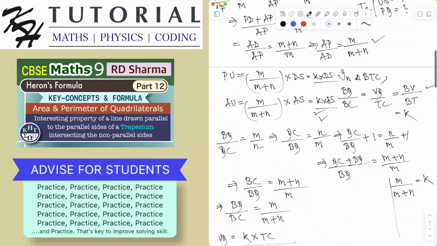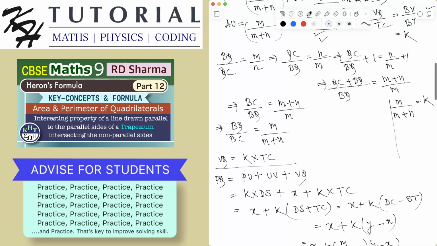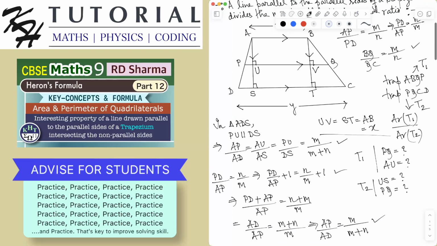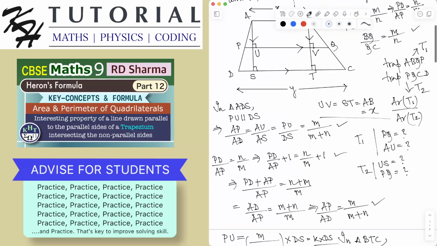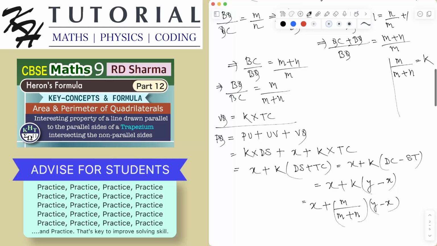So we have x plus K into DS plus TC. Now DS plus TC is equal to DC minus ST, that is y minus x. So PQ is equal to x plus K into y minus x. This is fine.